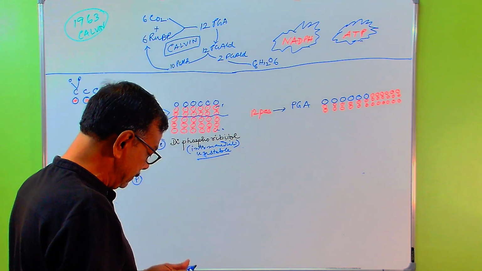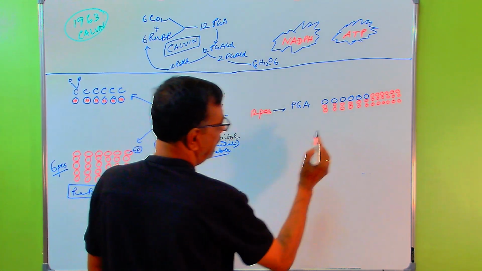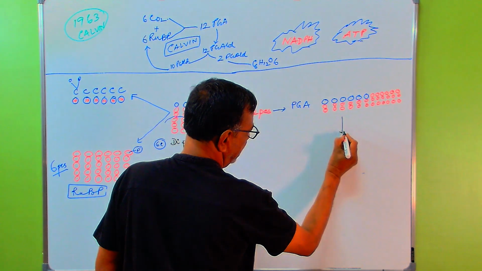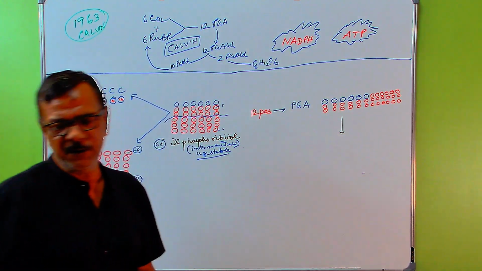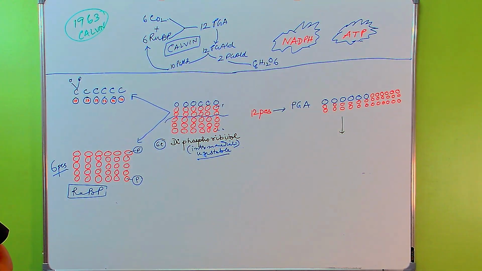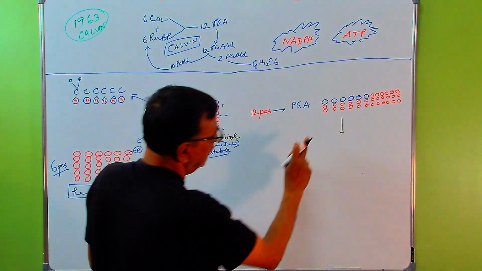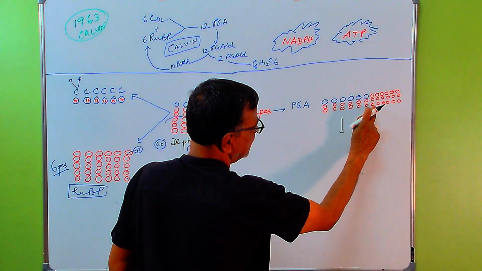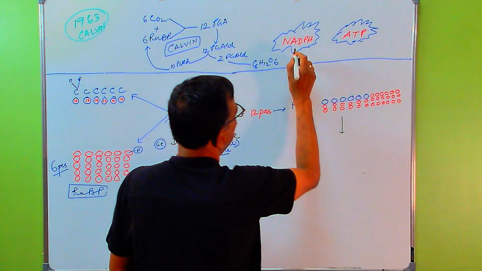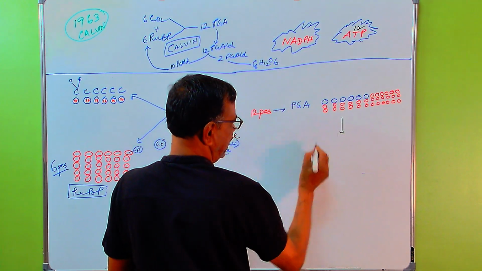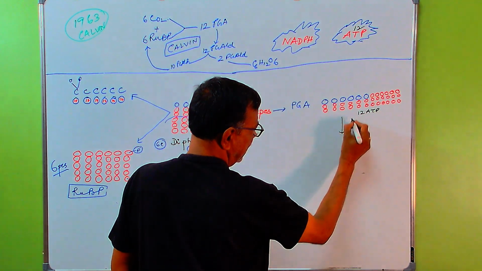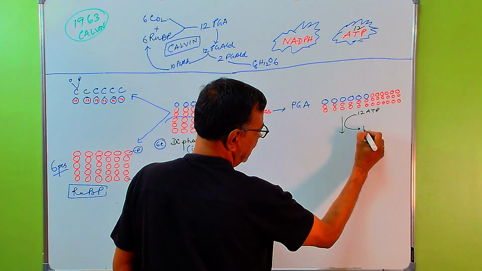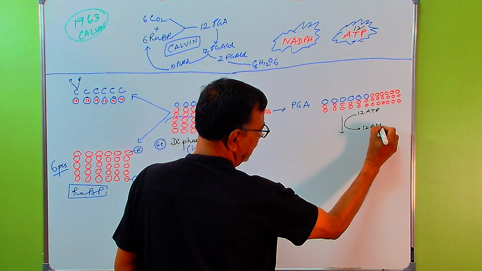In the first step, what happens? I will take ATP, adenosine triphosphate, and then we will take NADPH. So here 1, 2, 3, 4, 5, 6, 7, 8, 9, 10, 11, 12: I will take 12 ATP. Ultimately it will be 12 ADP.